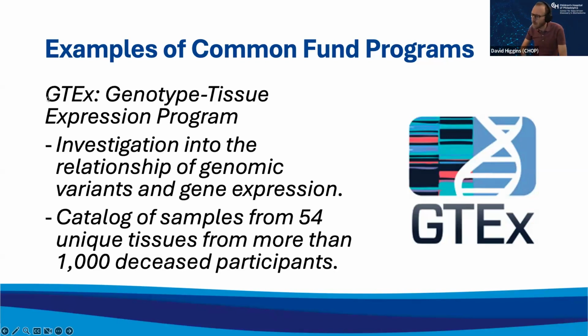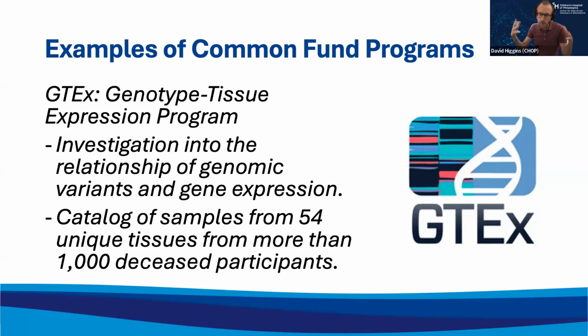So the first one I'm going to talk about is this program called GTEx. This is the Genotype Tissue Expression Program. This is a program where they've been investigating the relationship of genomic variants and gene expression. And so it's this really interesting data set. It's a catalog of samples, 54 unique tissues from 1,000 deceased participants.